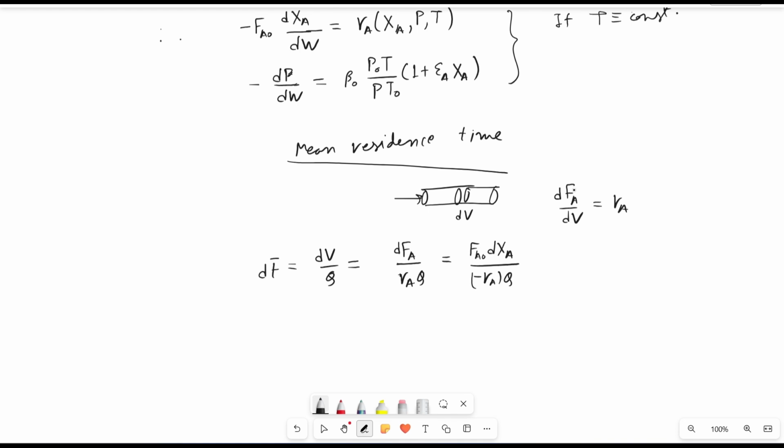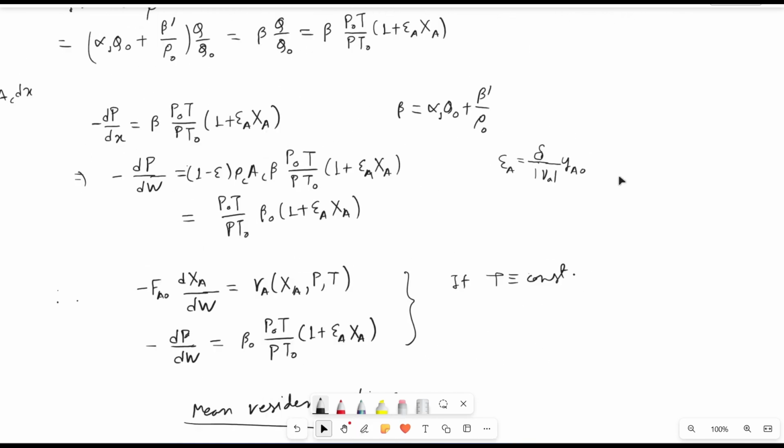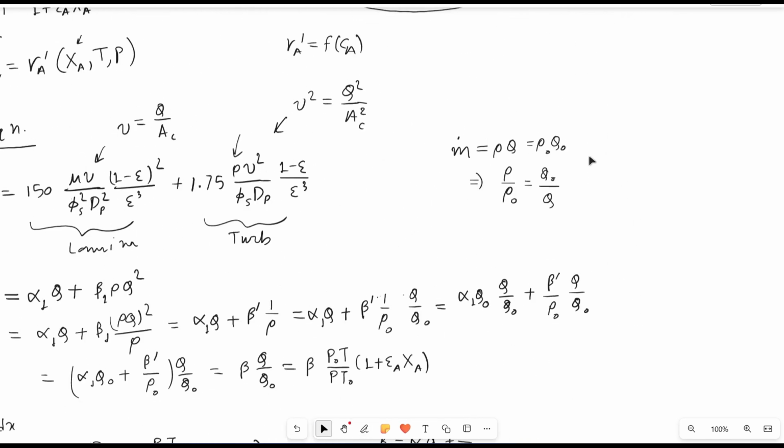And for constant temperature and pressure, or if it is not constant, let me write the non-constant term: FA naught dxA divided by minus rA. Now Q is Q naught P naught T by PT naught.